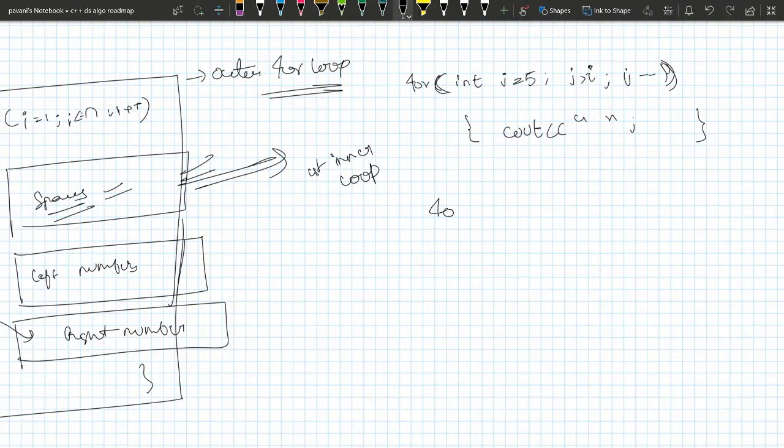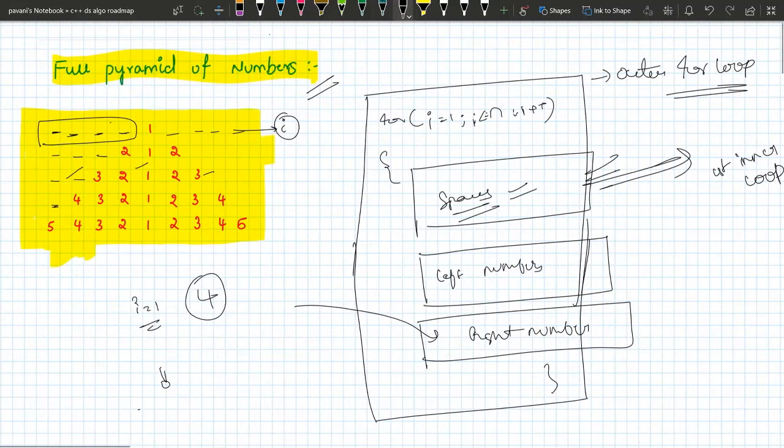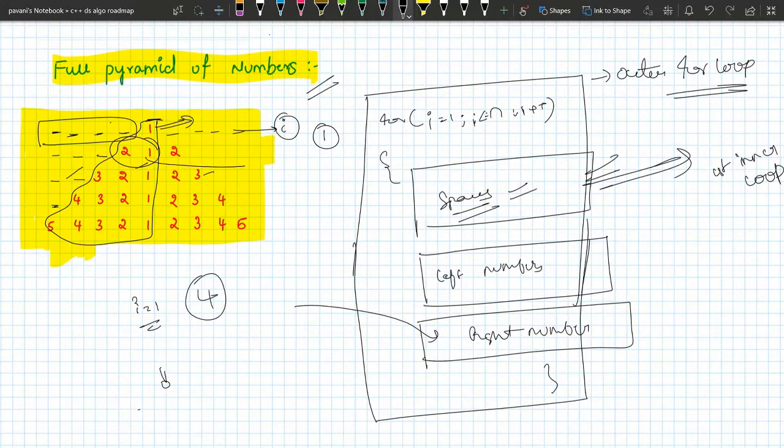Next, in the second inner loop we have to print these numbers, right? For i value 1, how many numbers are printed? 1. For i value 2, 2. For i value 3, there are 3.